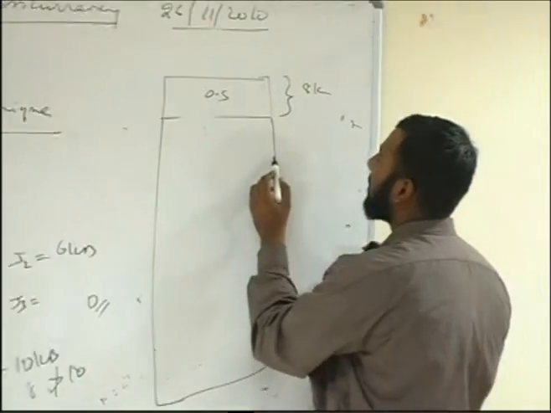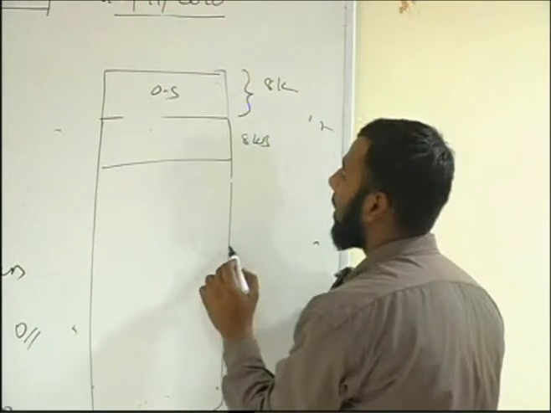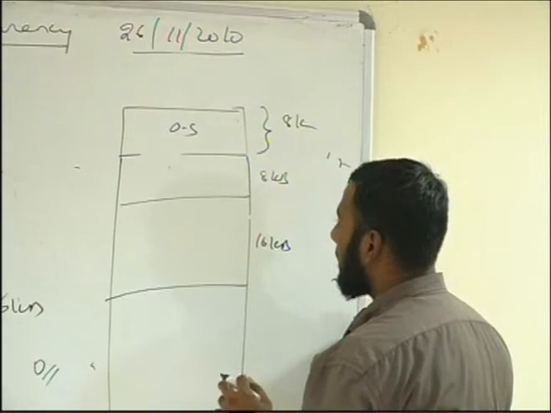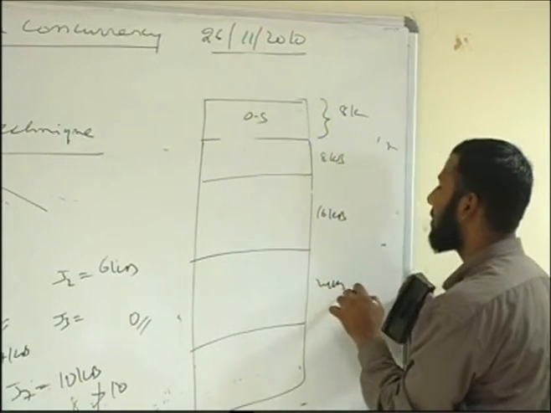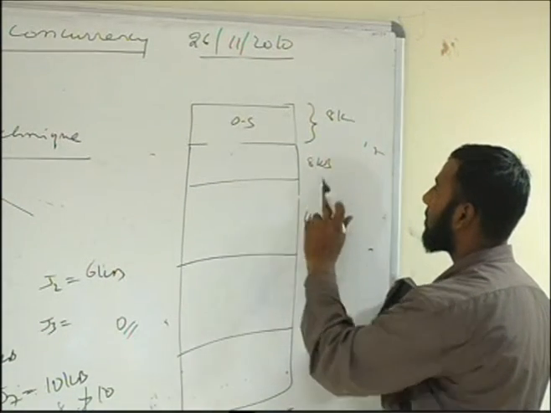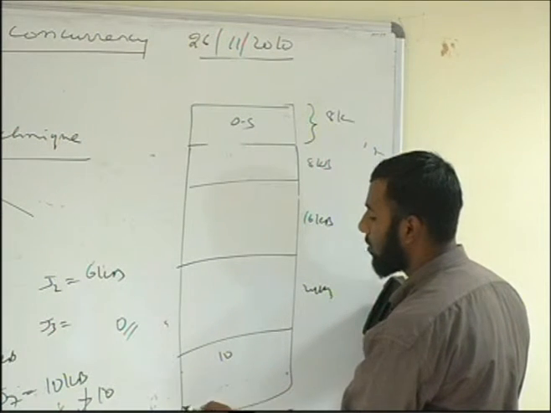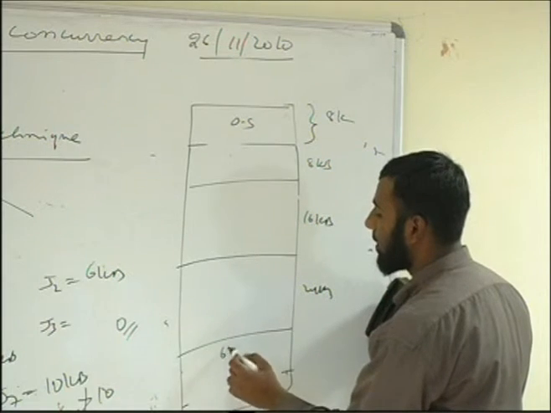Now you might have one partition of 8 kilobytes, another of 16 kilobytes, another of 24 kilobytes. You can have 10 kilobytes or 6 kilobytes.